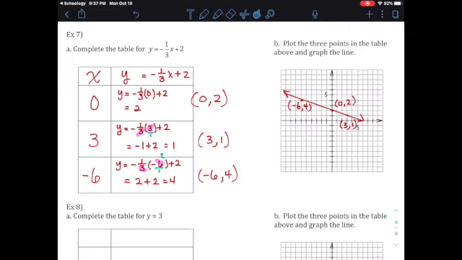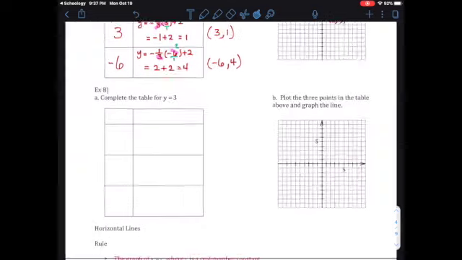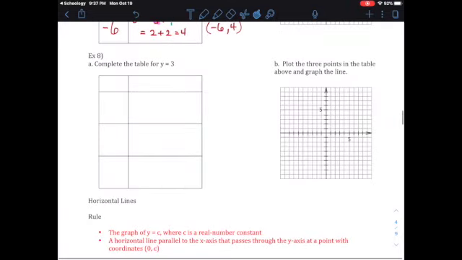Then going on to number 8. Number 8 says complete the table for y equals 3. Well, y equals 3 means we have a line that is going to be like a horizontal. In this case, I want you guys to think about this.